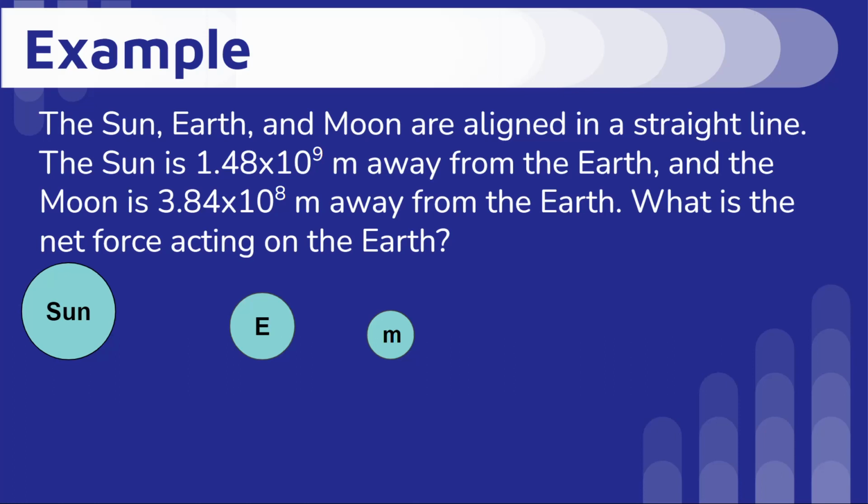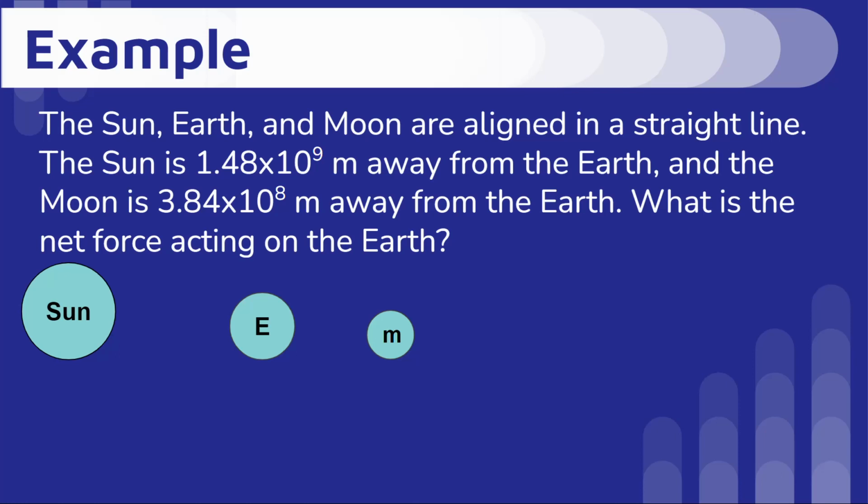Okay, so I've given you a picture here so you can visualize this scenario. My earth is in between my sun and my moon, and it's arranged like this. I know that the earth is therefore going to experience a force of gravitational attraction between the earth and the sun, and a force of gravitational attraction between the earth and the moon.